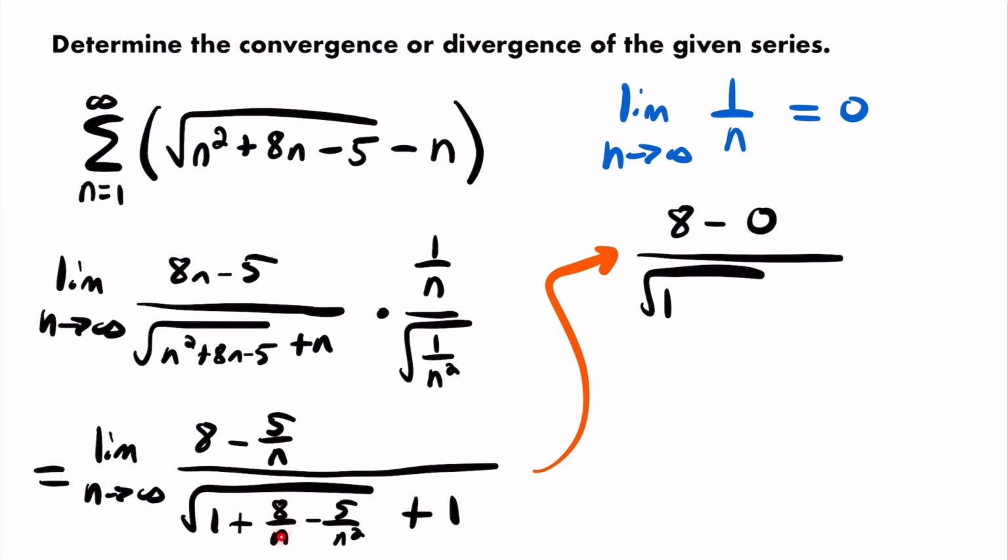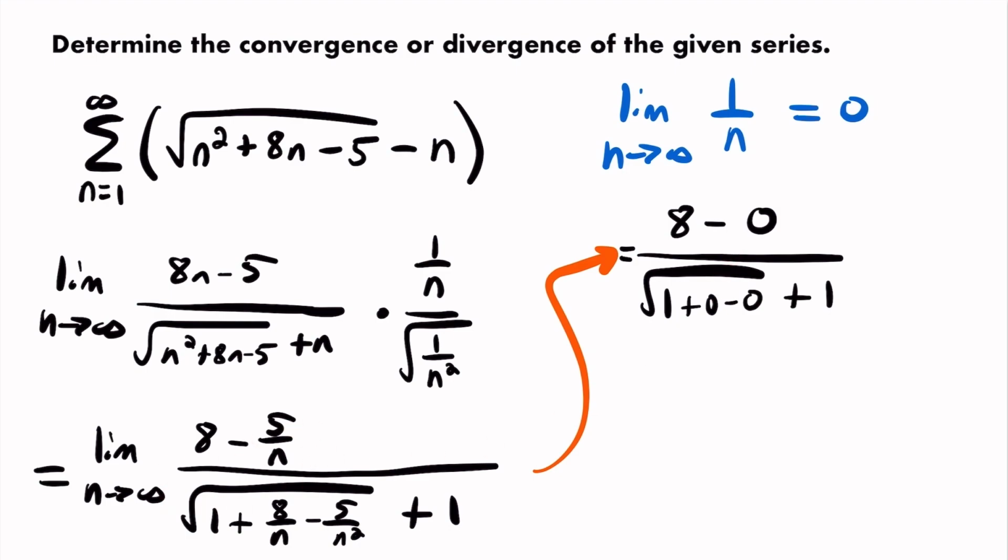The limit of that will be 0, and then minus 5 divided by n squared. The limit of that will also be 0, or at least the limit as n approaches infinity. So we have 1 plus 0 minus 0, and then that plus 1 on the outside. The limit as n approaches infinity of plus 1, or positive 1, is just going to be 1. All right, and remember that that is equal to that limit.